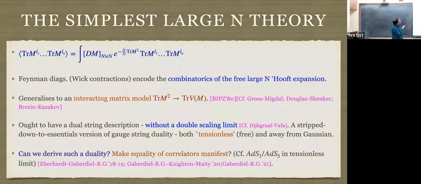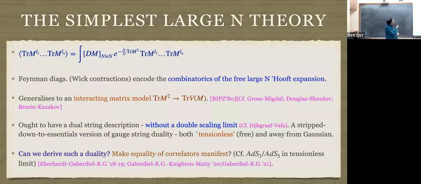Even though it's a trivial Gaussian integral, the large N expansion organizes it in a fairly non-trivial way. The combinatorics essentially is what the Feynman diagrams, the big contractions, capture of the large N expansion. It's basically the skeleton of the large N expansion that you find in correlators like these, and this is something you can compute.